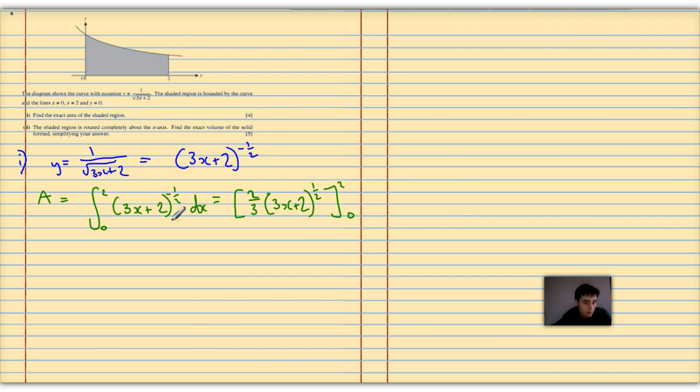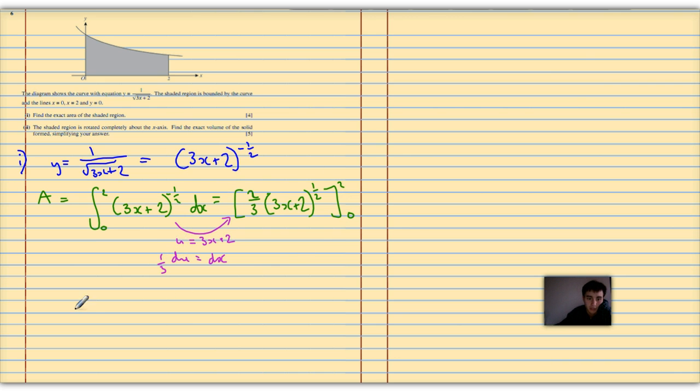And if you think that in an exam you're not going to be sure how to integrate, use the substitution u equals 3x plus 2, and substitute 3x plus 2 for u, and then you're going to have to change this dx to a third du, and then integrate by substitution. But I won't do that now.